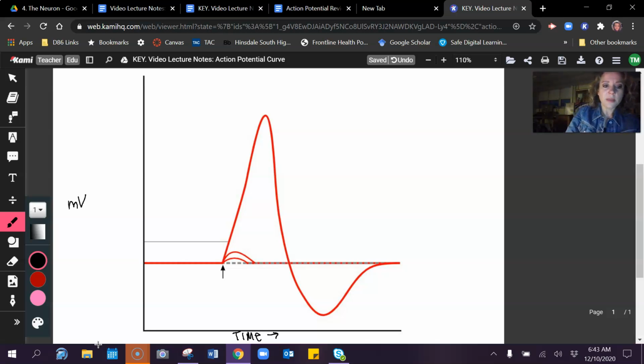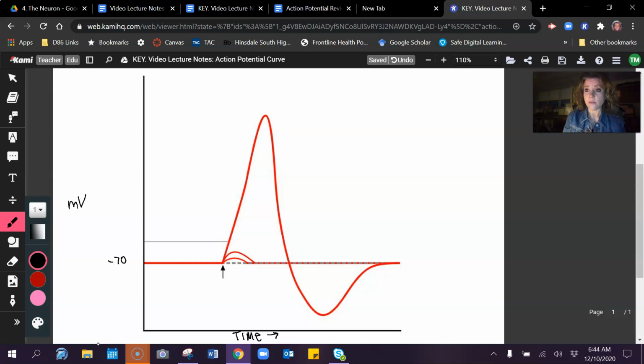Okay, so the dotted line that we have here is where the membrane's resting potential is. That is typically labeled as a negative 70 millivolts. And remember that the negative 70 measurement of the membrane potential means that the inside of the cell is negatively charged, and that the difference in charge between the extracellular fluid and the intracellular fluid is 70 units.